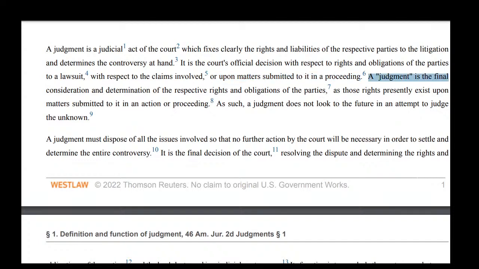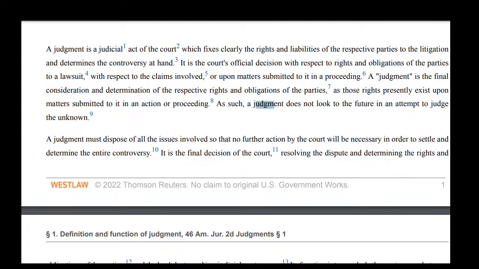A judgment is the final consideration and determination of the respective rights and obligations of the parties, as those rights presently exist upon matters submitted to it in an action or proceeding. So we have a cause of action or some proceeding that was submitted to the court.